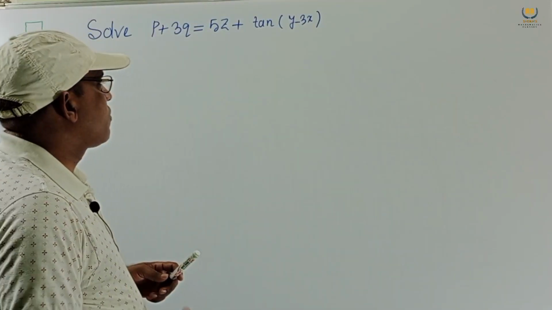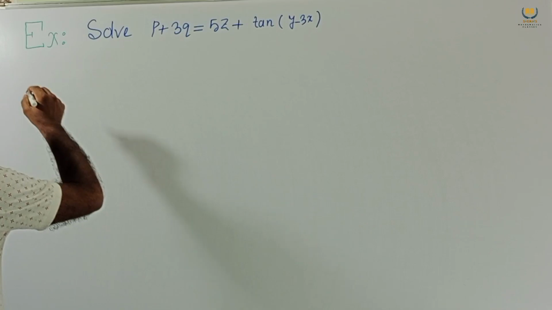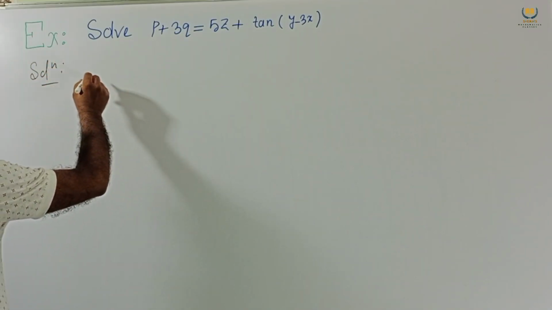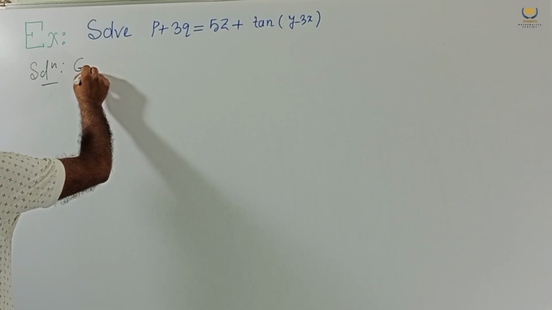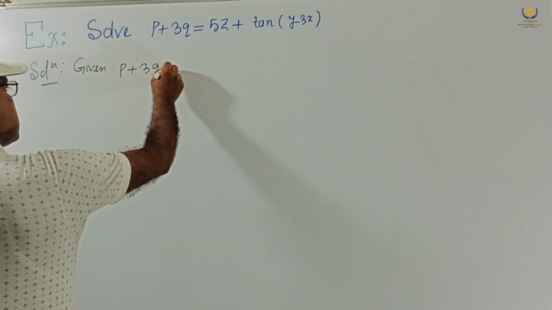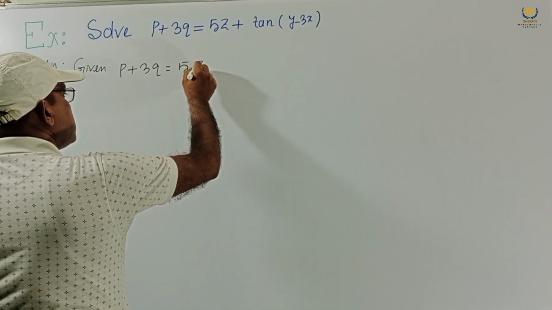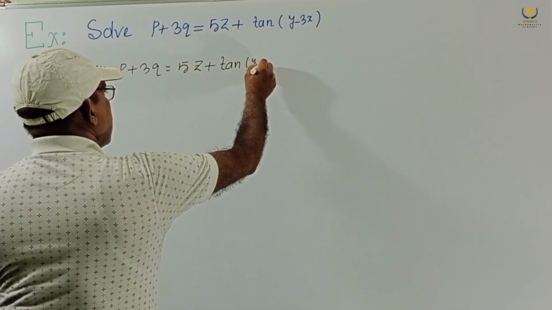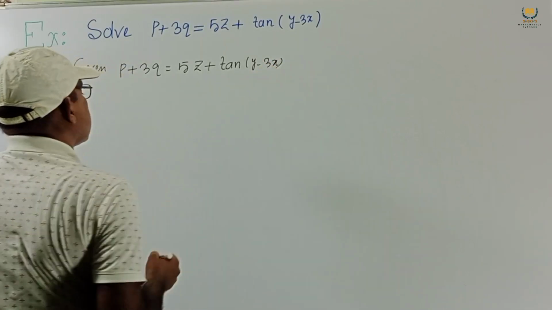We want to solve this problem by using the Lagrange method of multipliers. So this one is given: p plus thrice q equals 5z plus 10y minus thrice x.